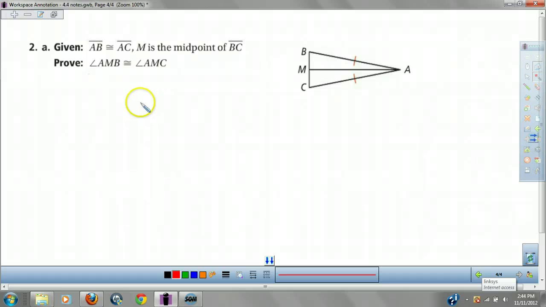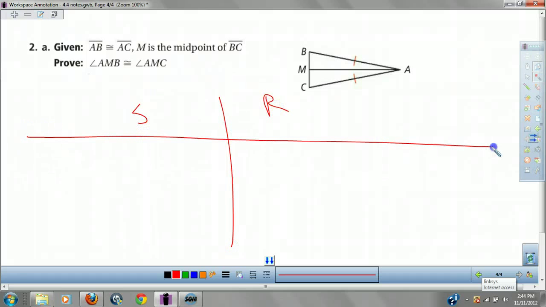Again, put my statements, my reasons, make a box. Again, easiest points in the world. And M is the midpoint of BC.